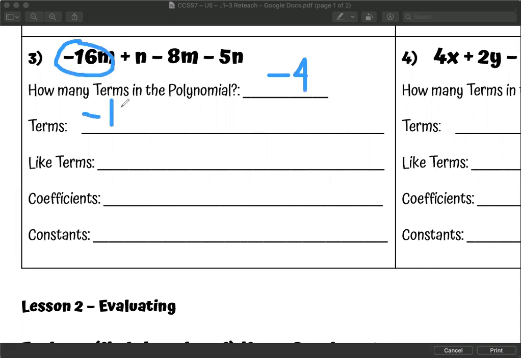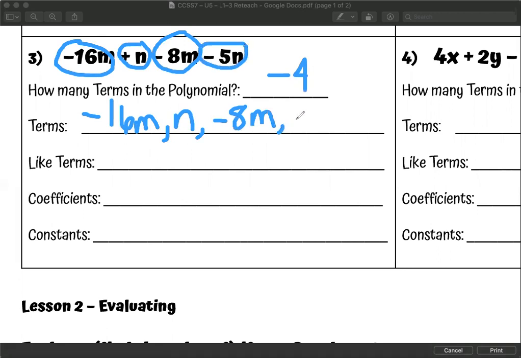We've got -16m. We've got positive n. We've got -8m. We've got -5n. Again, it's basically everything just split up and putting commas in between.